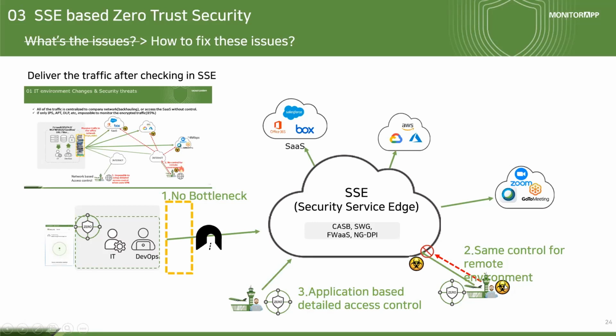And also, if a device has been compromised, the malicious content also has to connect to the SSE platform first. But the SSE platform can provide the function to detect malicious traffic, so this malicious traffic is blocked at the SSE edge.